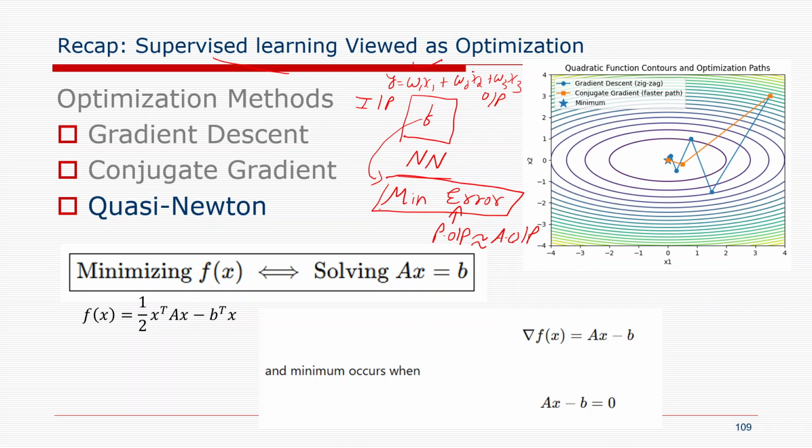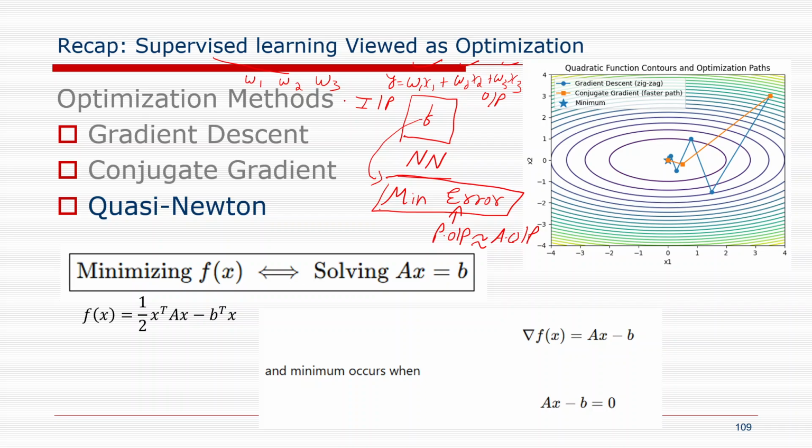We are trying to learn these weights w1, w2, w3. Initially we'll start with some random values for the weights. When we are learning to map the input to the output, we are trying to find the optimal values for W1, W2 and W3.